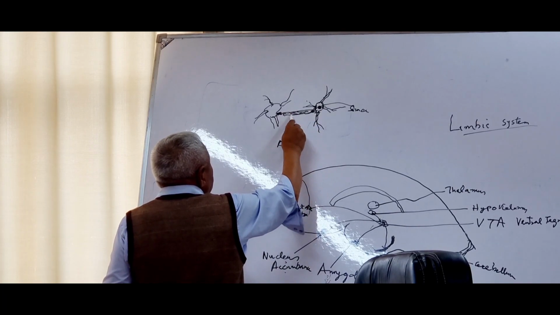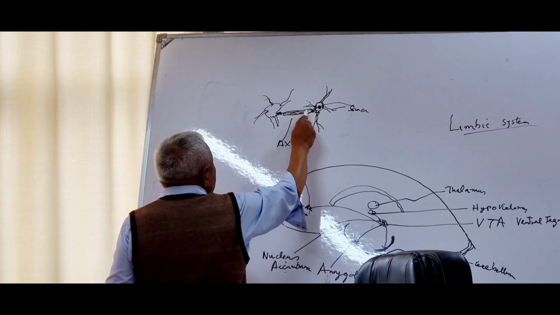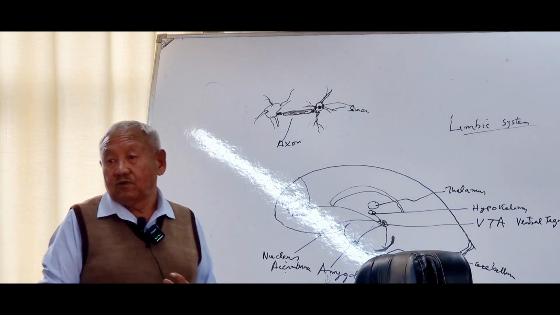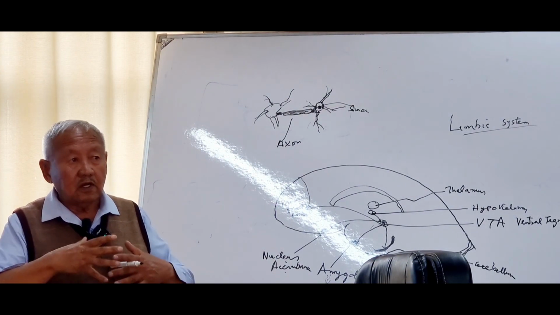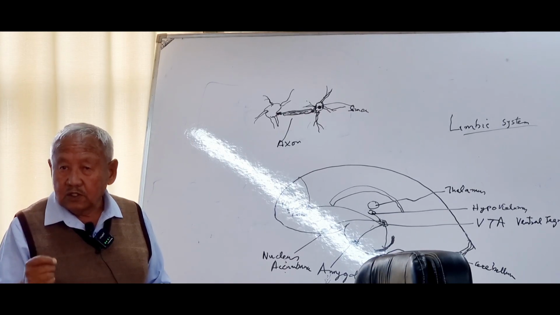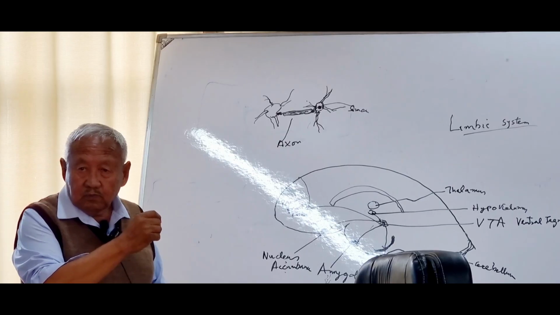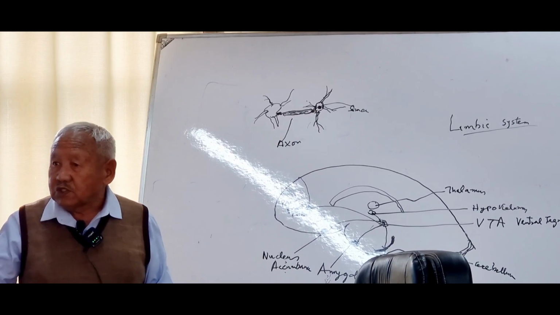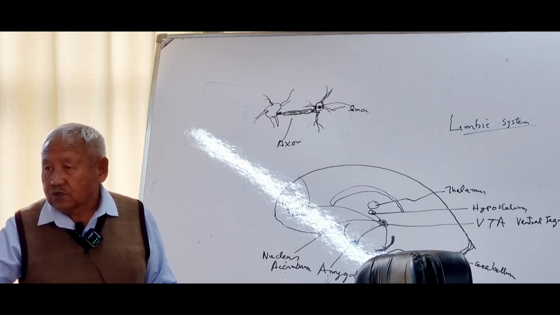Axon's covering is lipid, fat. So fat is very important even for the child, because the child is developing the brain. It is needed. Fat is important for us also, because fat makes these connections.